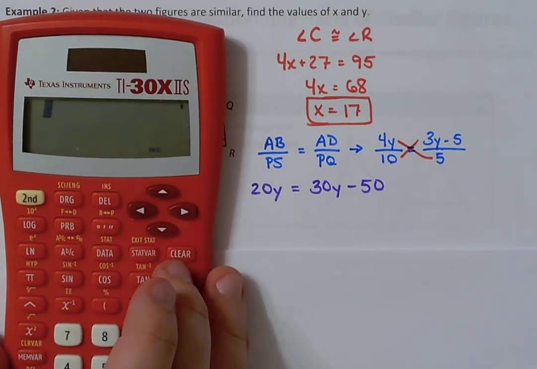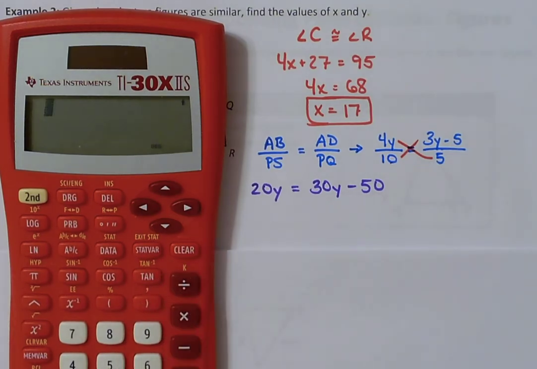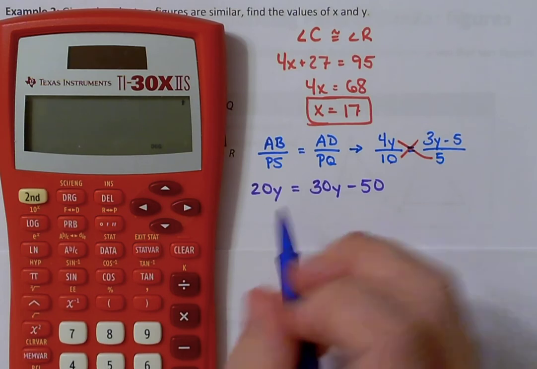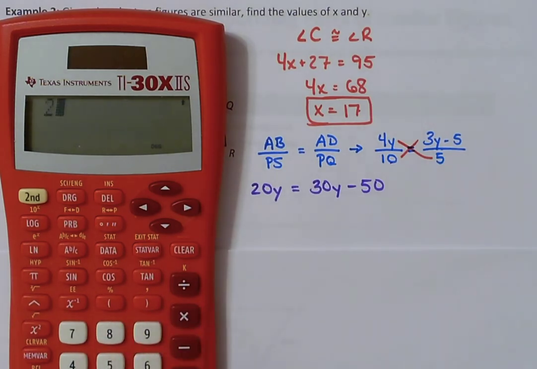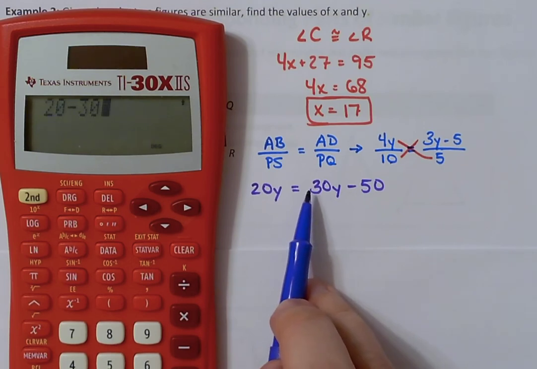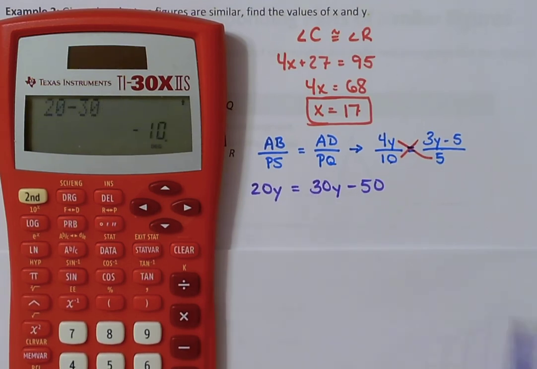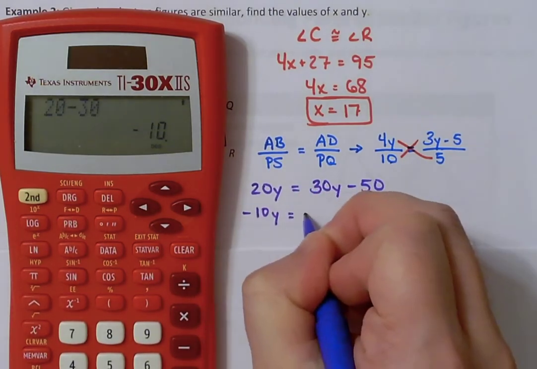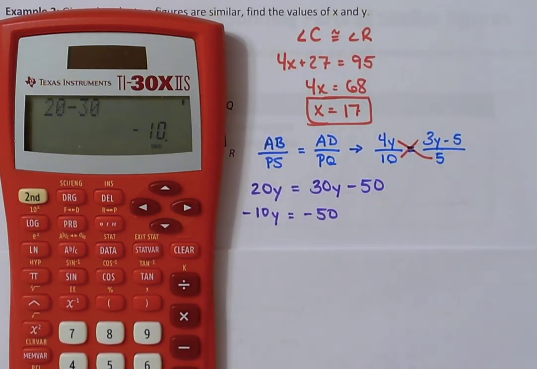So if we have 20y equals 30y minus 50, I'm going to move this 30y over to the 20y. So 20 minus 30, and I'm subtracting because this 30 is a positive. So we end up with negative 10y equals negative 50. And then all we have to do here is divide.